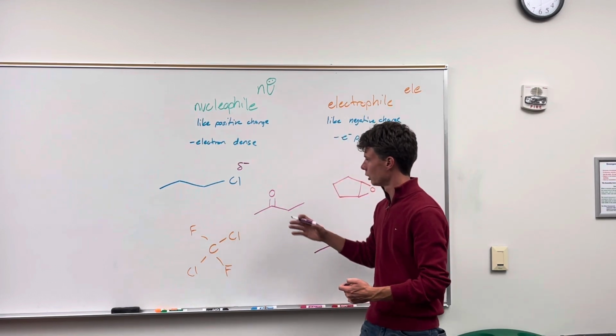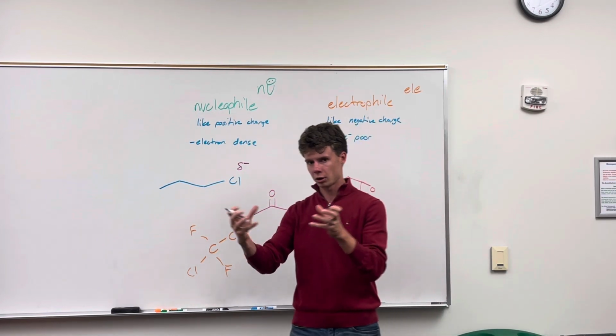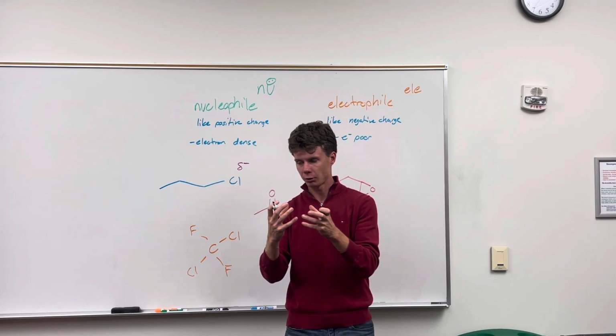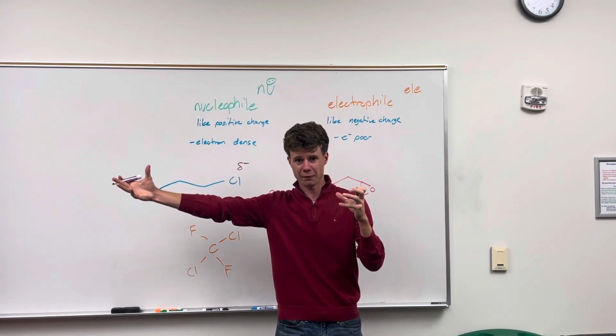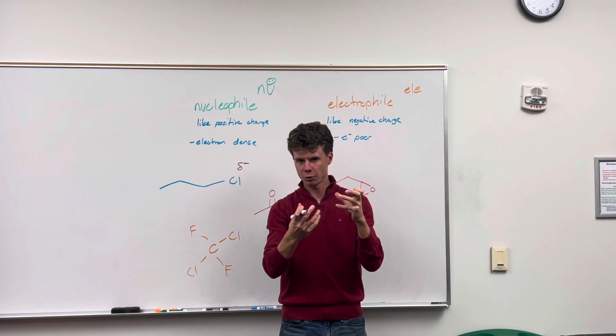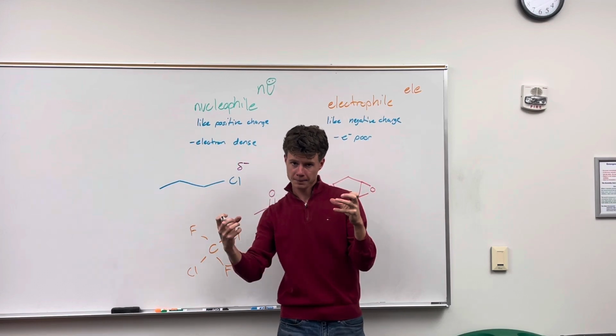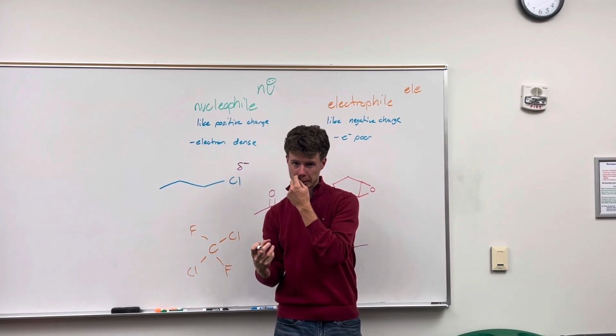If fluorine's all the way over here, it's not going to have that greater pull. But if we have fluorine only maybe 2 bonds away, a lot of induction going on there.